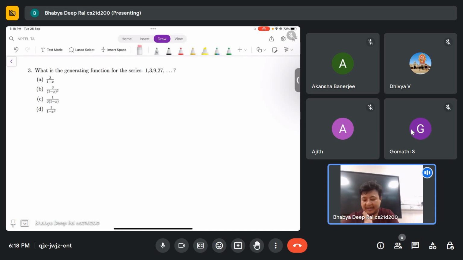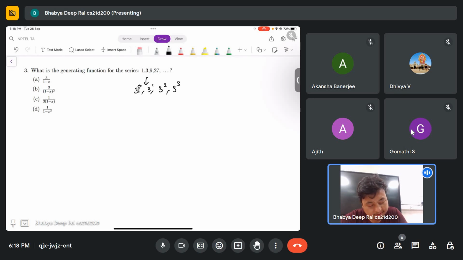So what is the pattern you see here? I mean, in other words, you have 1, 3 or 3 to the 0, 3 to the 1, 3 to the 2, 3 to the 3 and so on. So this is the pattern. So this is 3 to the 0. Okay.